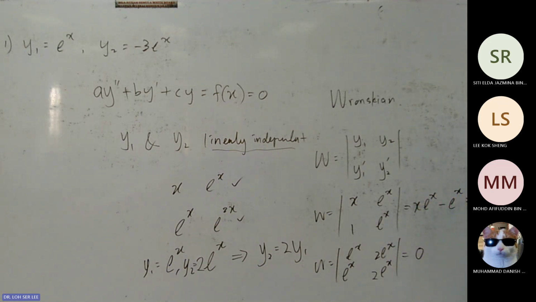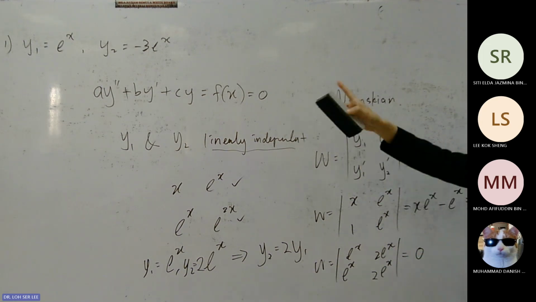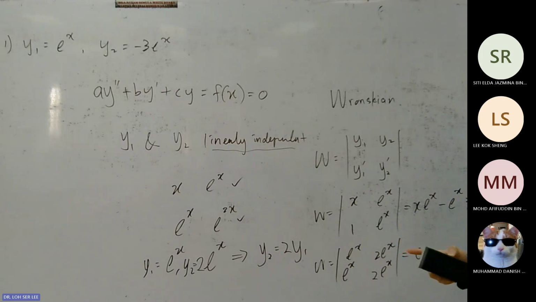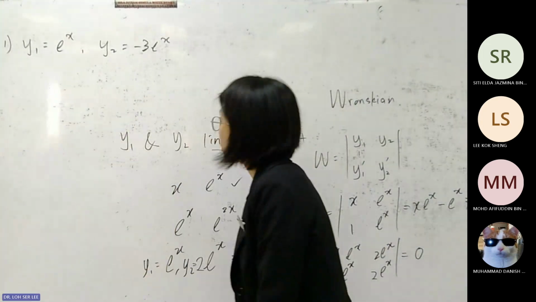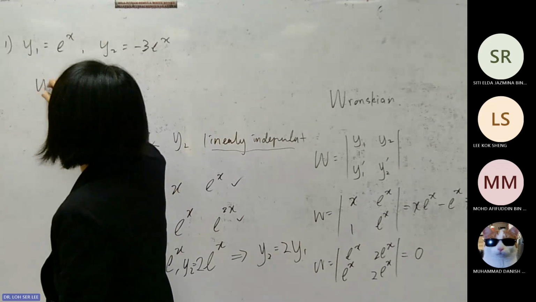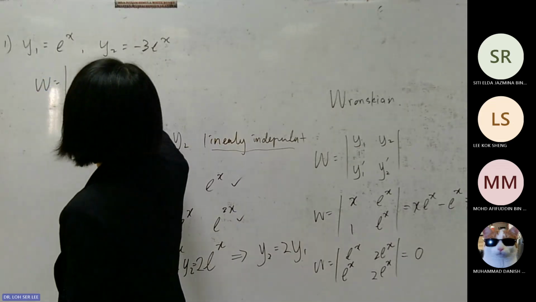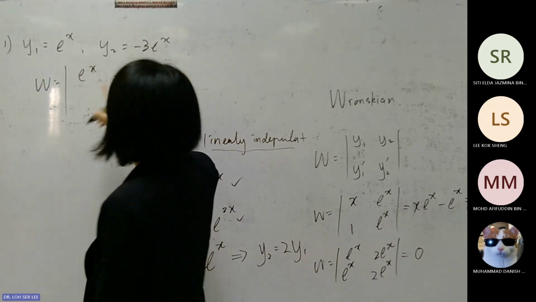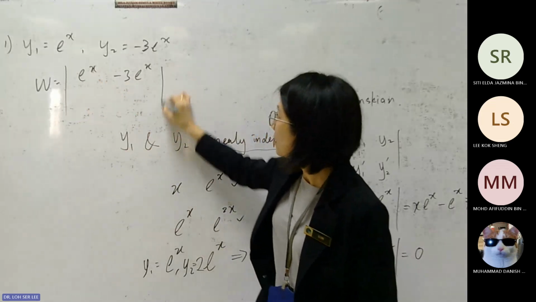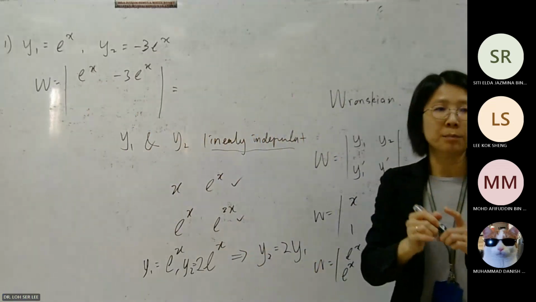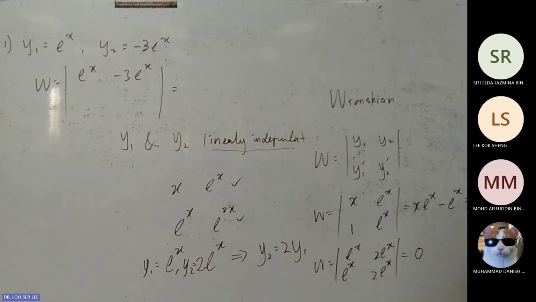Determine if each of the following pairs of y1 and y2 are linearly independent. We want to determine whether this pair is linearly independent or not. Compute the Wronskian function, differentiate these two and put them here, and apply ad minus bc.